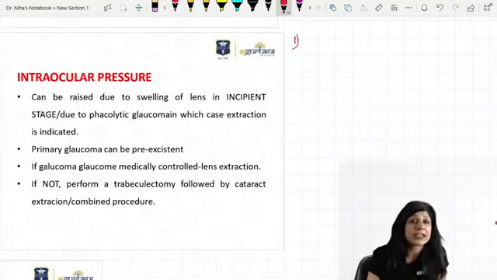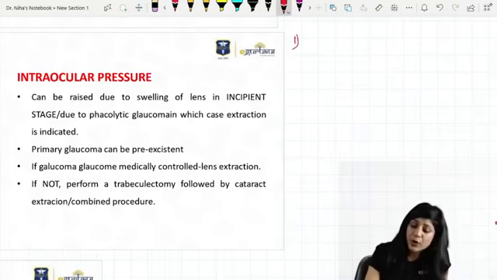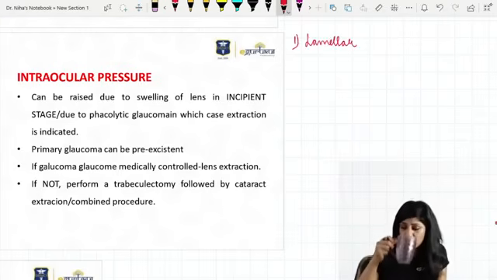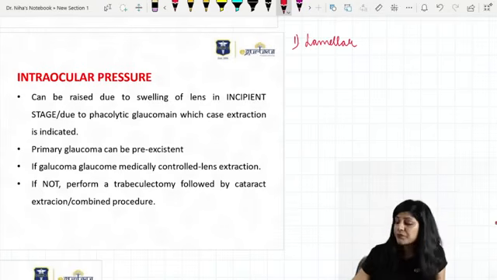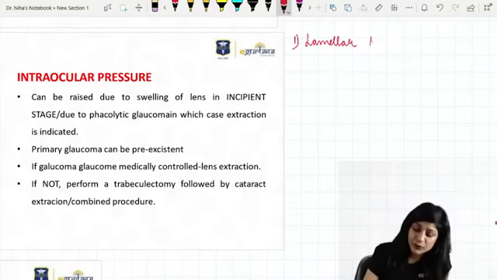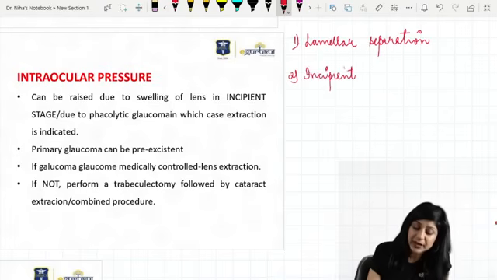Cortical cataract is more common. अब cortical cataract में first is the stage of the lamellar separation. Then second is your incipient cataract.